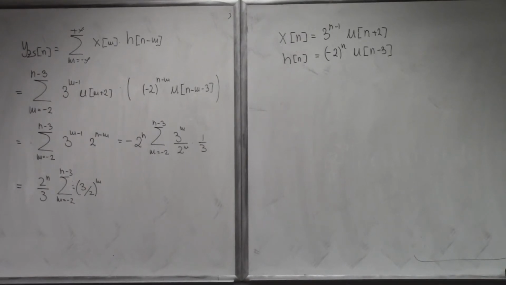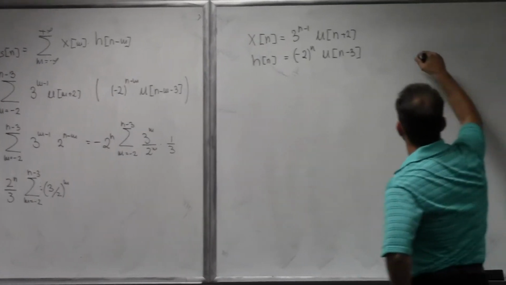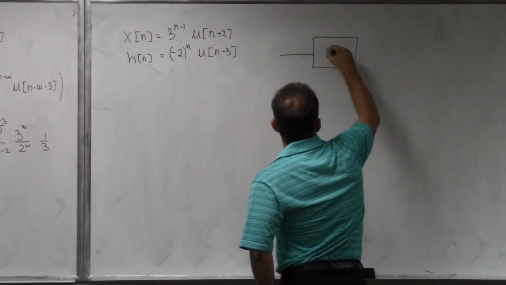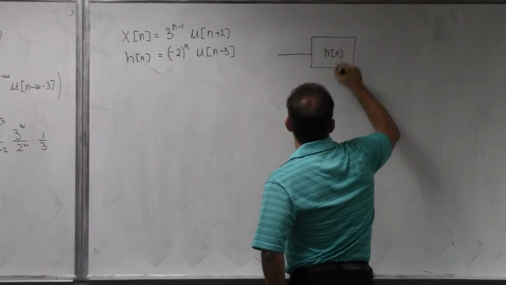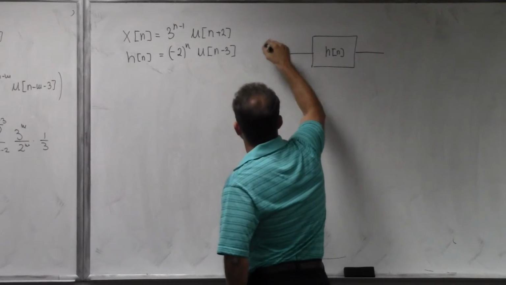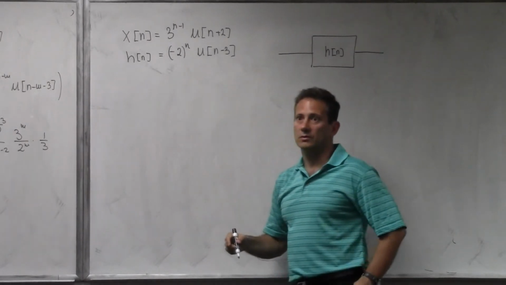Which one will start? x of n. Yes, I know. What I was going to suggest is this. Here's what we know. There's x of n, right? I can define a new signal that starts at 0, right?